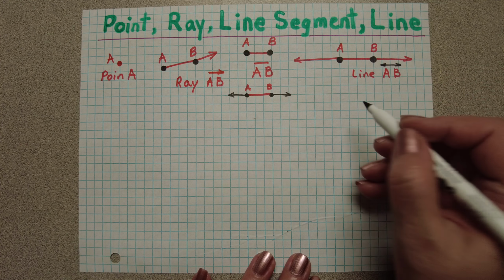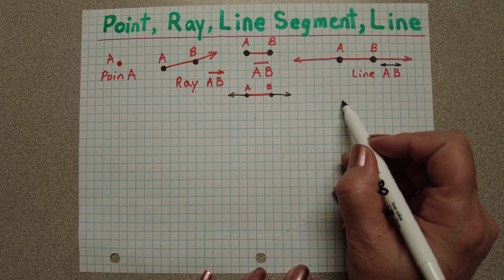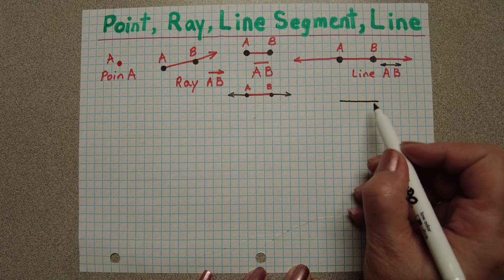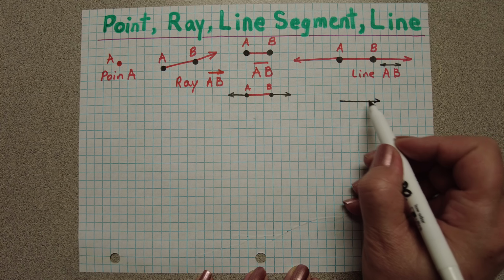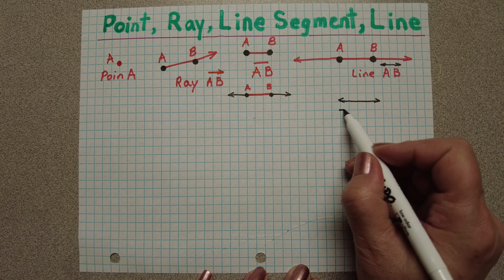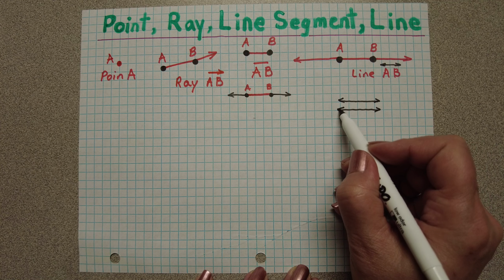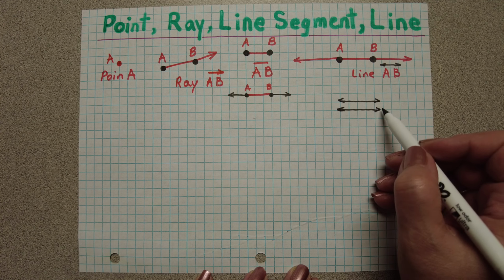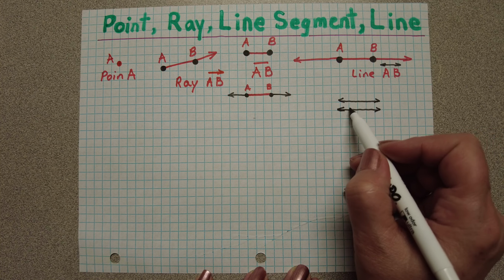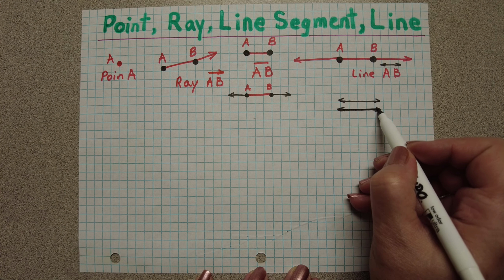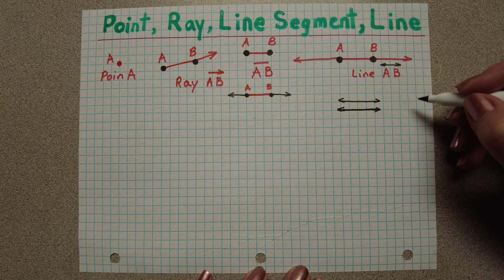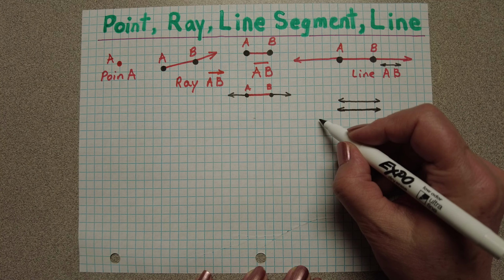Lines can be parallel. If we have two lines, they can be parallel to each other if they go both directions and never meet each other. We call it parallel lines.